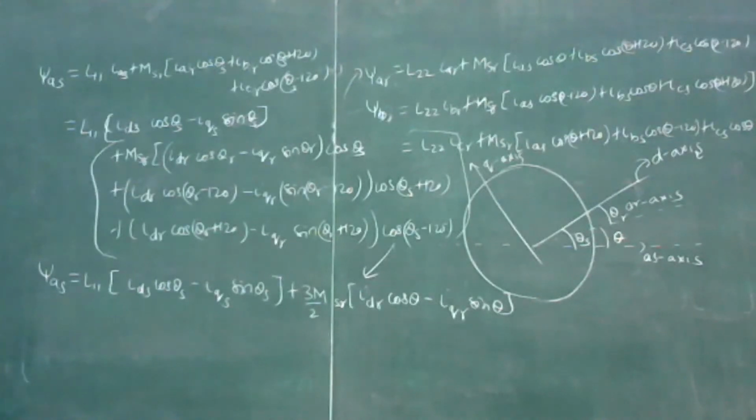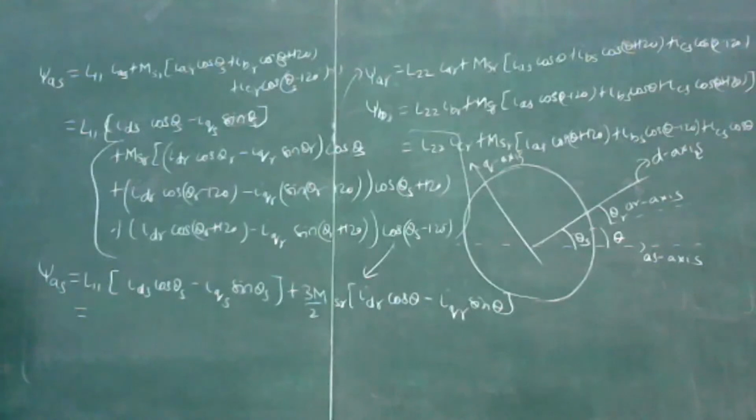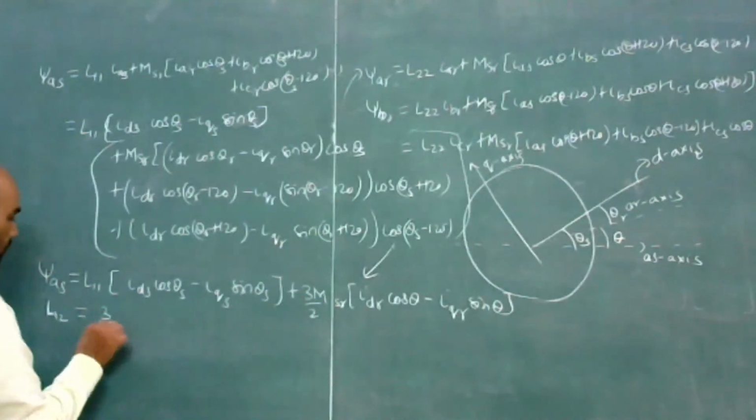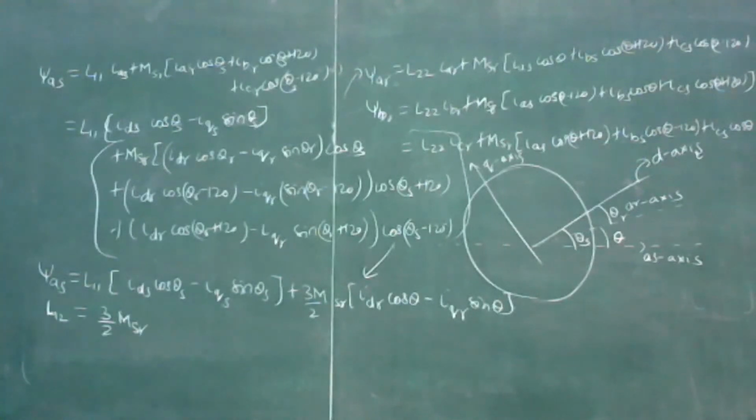So let L12 be 3 by 2 MSR. Okay. So this equation will be found.